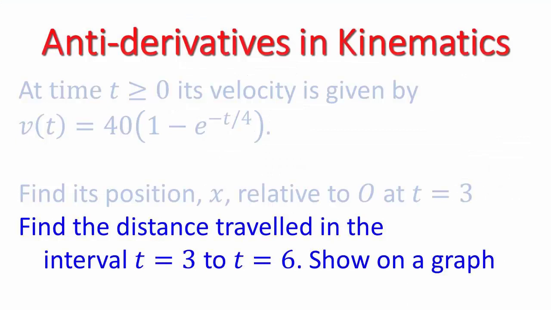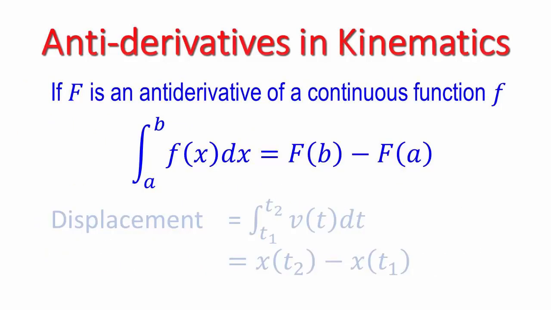Now let's look at the distance travelled from t equals 3 to t equals 6. Now, you should be familiar with the fundamental theorem of calculus, which essentially says that if capital F is an antiderivative of a continuous function, then the integral from a to b of f of x dx is the antiderivative at b minus the antiderivative at a.